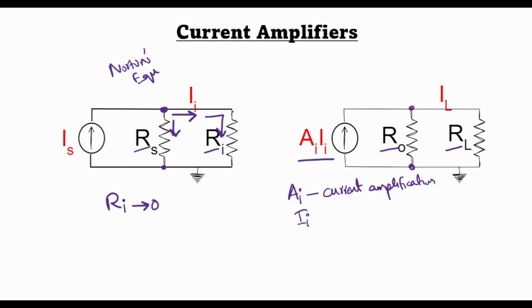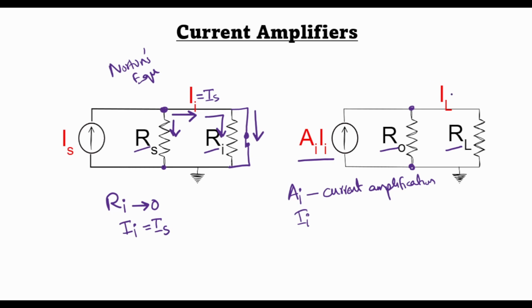That is, if we short the resistance Ri, then all of this current Is will become equal to II, and it will flow through this short-circuited input resistance, and therefore we would have the input current II equal to the source current.